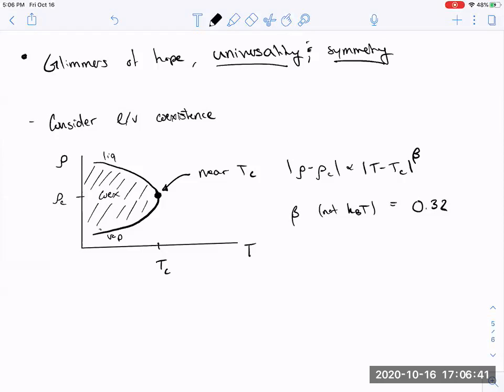This turns out to be the number independent of what the fluid is. Could be water turning into water vapor, could be methanol, could be argon liquid evaporating into its vapor. If I measure near their critical densities and temperatures, I find a scaling for how the density of the liquid branch or the vapor branch relative to its critical density changes with temperature.